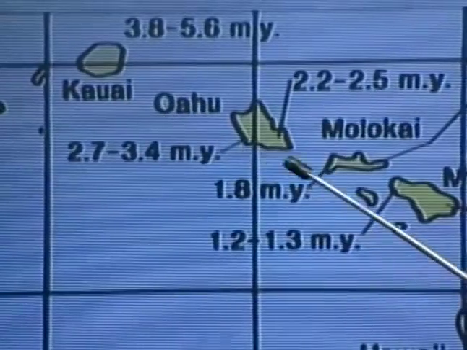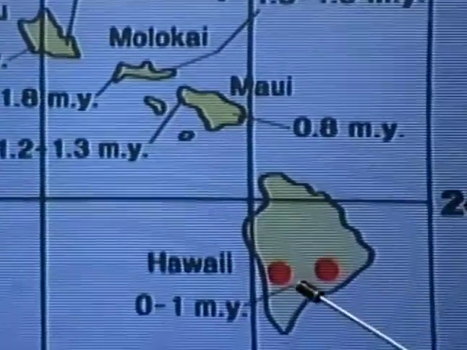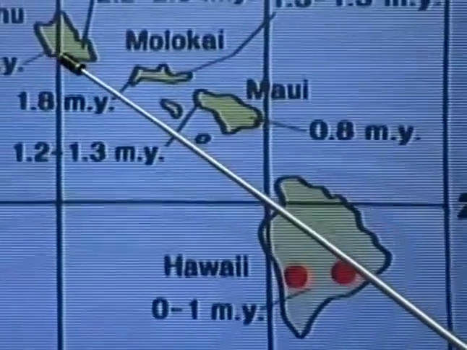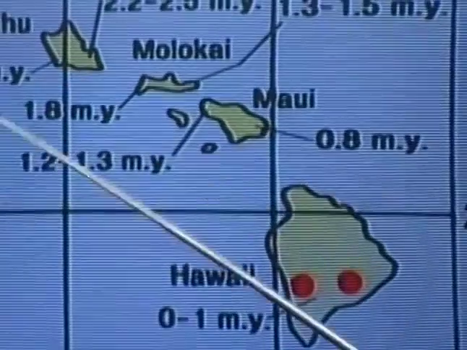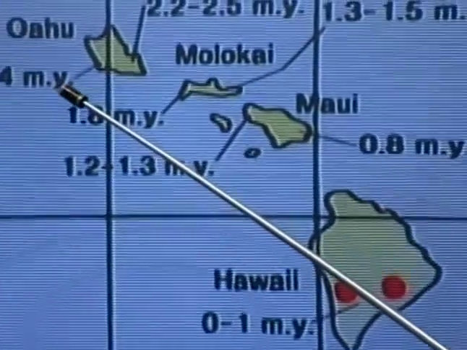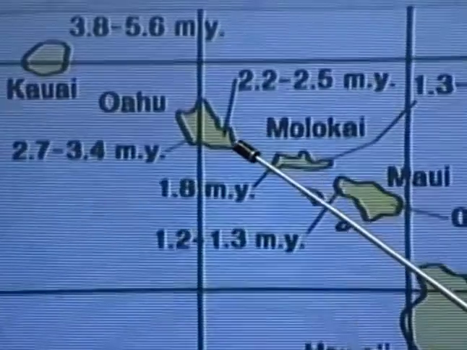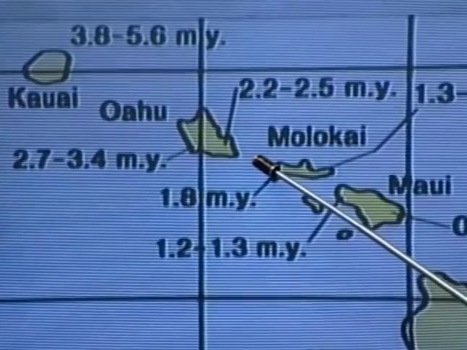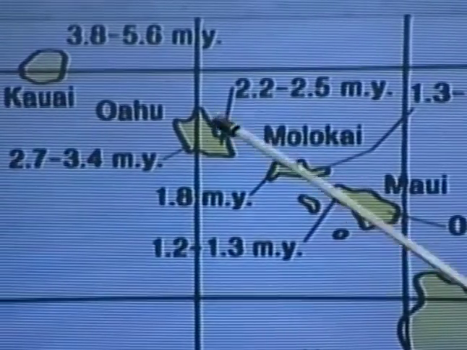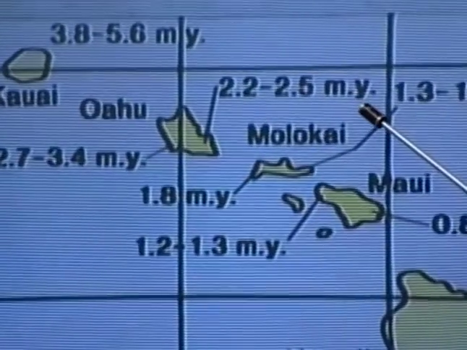Then as we move closer to the Hawaiian main island here, we come to this part of the island with 2.7 to 3.4 million years old, the age of the volcanic rocks. On that side of the island, but towards the eastern part of this island here, 2.2 to 2.5 million years.